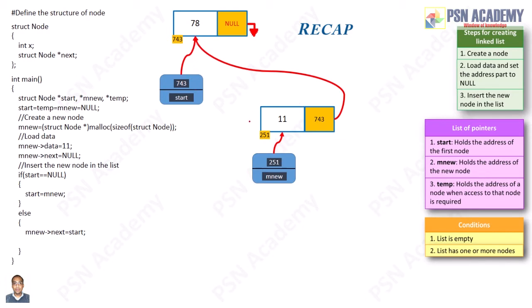Now since this node is the first node now in the list, start should point to the node at 251. So you write start equal to mnew. So this 251 will be copied to this start's location here.